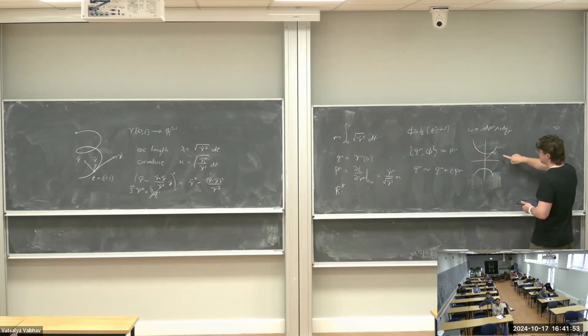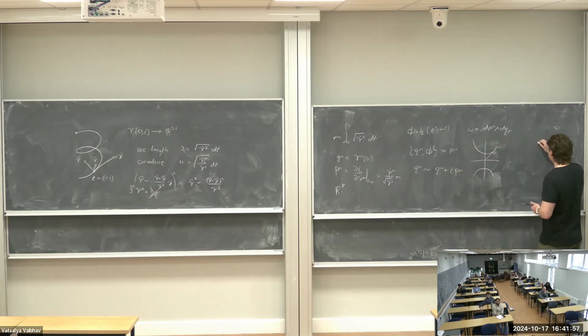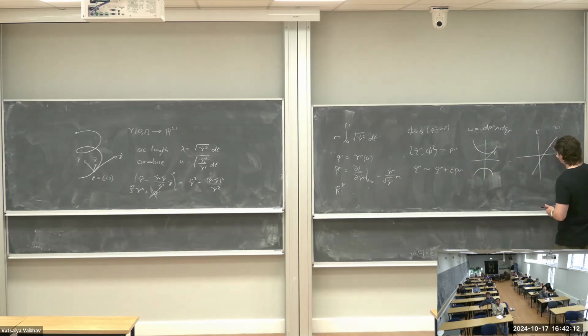This is my p. I'm going to say q is equivalent to q plus tp. This is q0. This is q1. I have some initial position here, and that means I can translate in the direction of p. So I get something that looks like this. So this will be a geodesic for a massive particle.